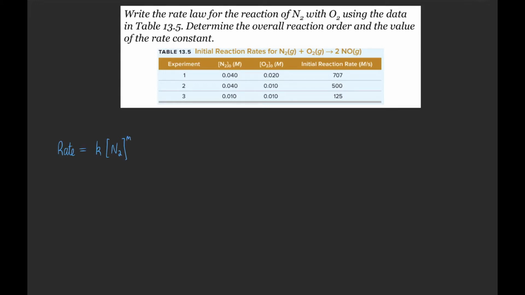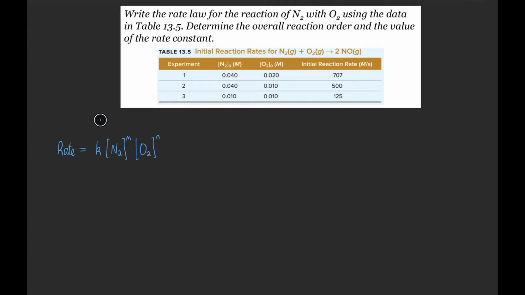So we'll call that m. And our other reactant is oxygen, so we also have to multiply by the concentration of oxygen. And again, we have to raise this to the power of its reaction order, which we'll give the symbol n. So we have several components that actually go into this rate law.